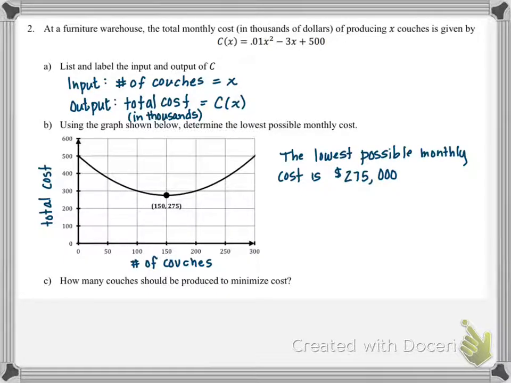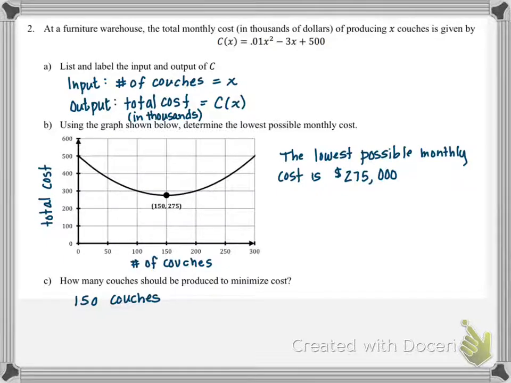And then Peyton, how many couches should be produced to minimize the cost? 150 couches. Yeah, I thought this was a lot harder than what it was. I thought you had to somehow put something back in the equation, figure out a different number. Well, that's the thing about all of the problems we do.